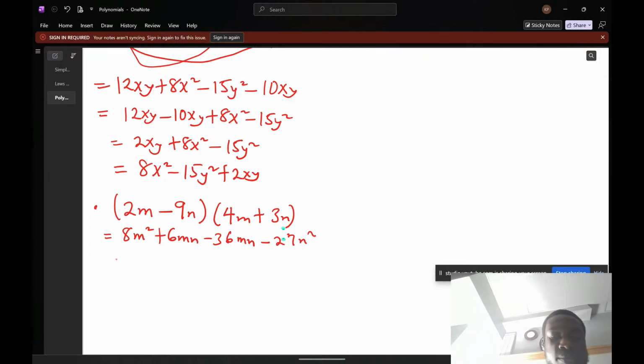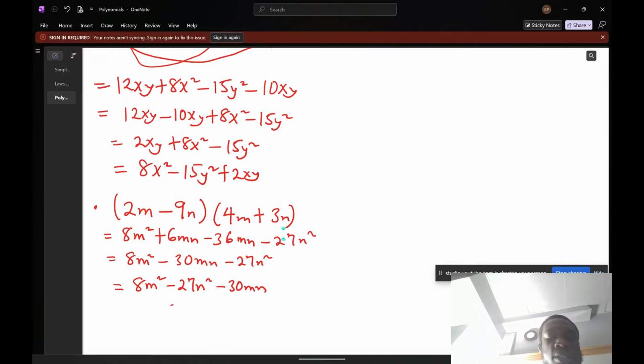Okay, so we have 8m squared. 6mn minus 36mn will give us minus 30mn minus 27n squared. Okay, so let me write it like this: 8m squared minus 27n squared minus 30mn.